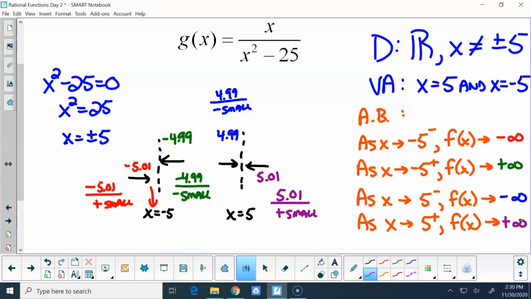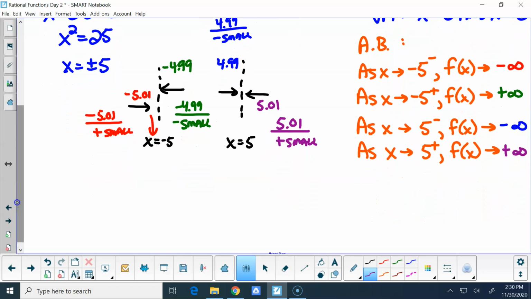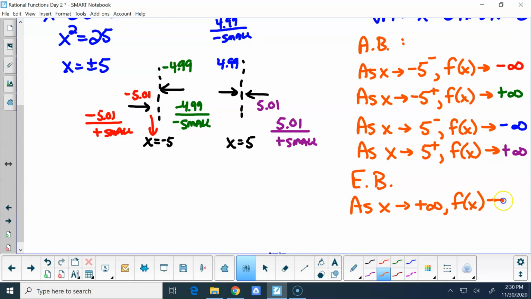So there's the 4 behaviors on the 4 sides of my 2 asymptotes. And then lastly, we would have our end behavior. That would be as x goes to positive infinity, my function is going somewhere.